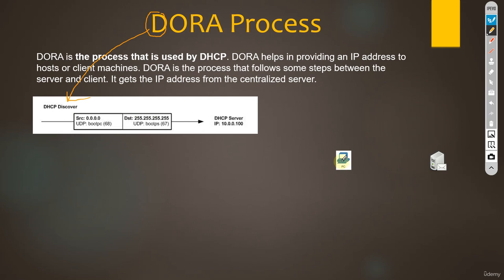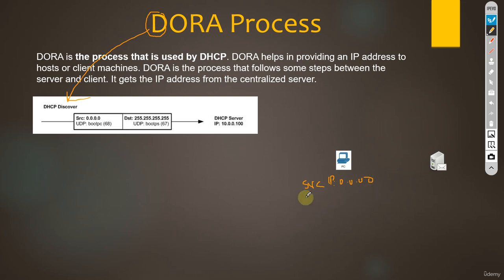So this machine is saying my IP is currently nothing, 0.0.0.0. My source IP is null.